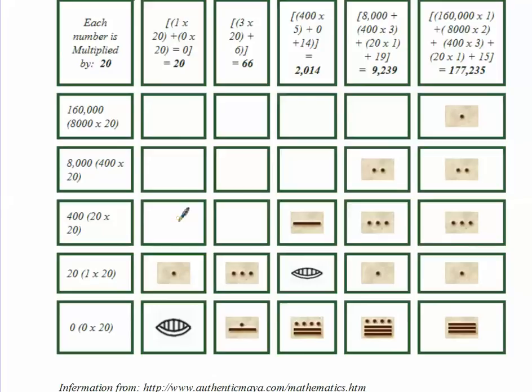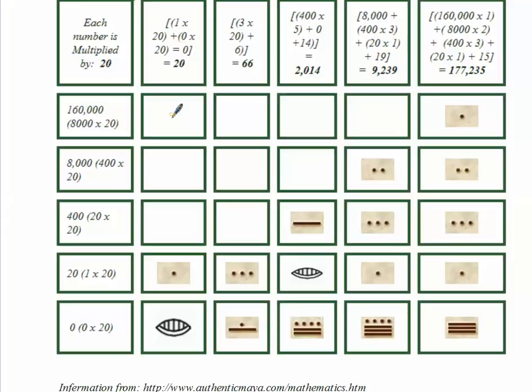Your third digit is going to be the 400s place, in other words, 20 times 20, which is 400. Your fourth place value is 8,000, then 160,000. I misspoke there. And you can continue this forever just by multiplying by 20 for each place value. It's the same basic principle that we had.